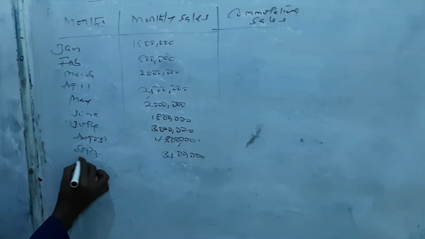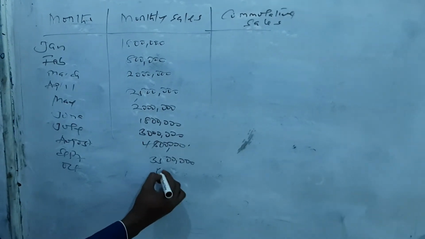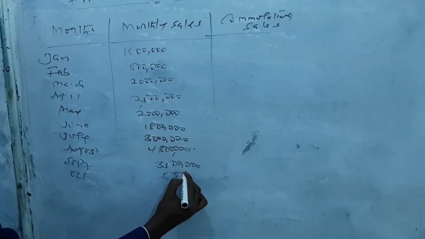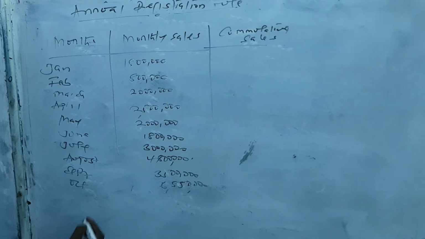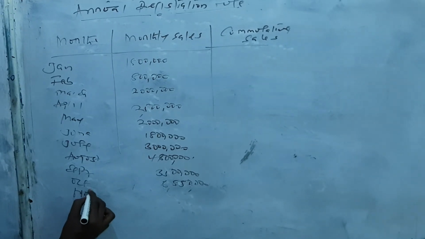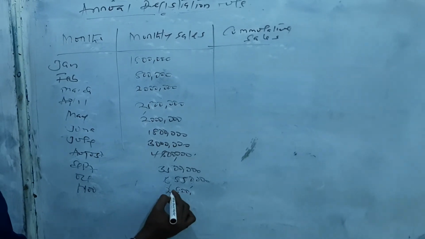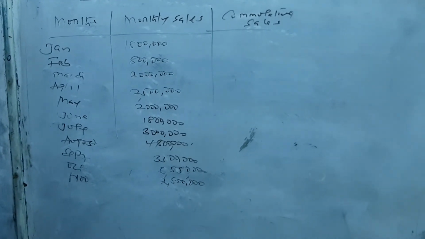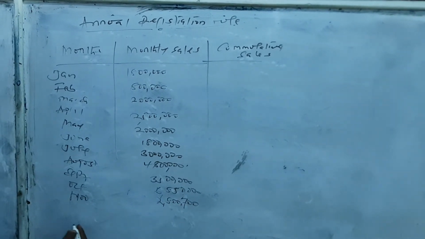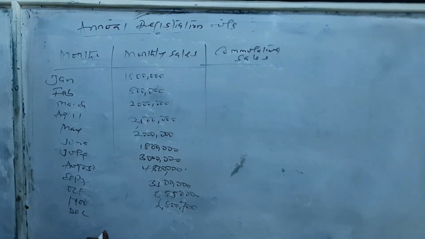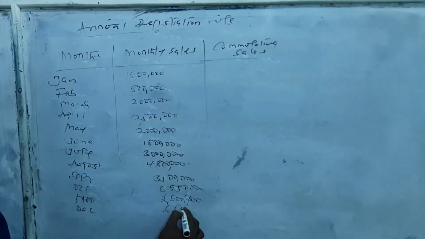We have October where we have 6,850,000. We have November 2.8, 2.8700. We have here December where we have 6.5.